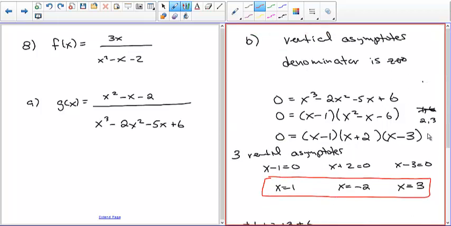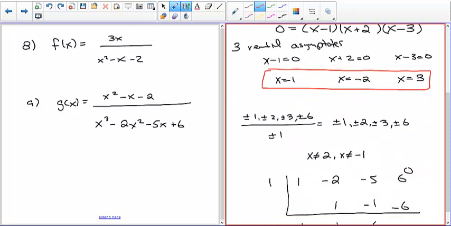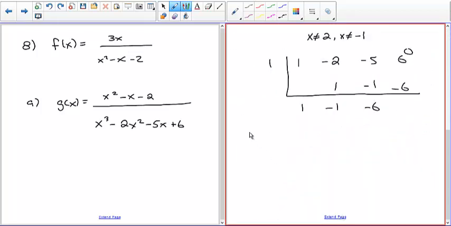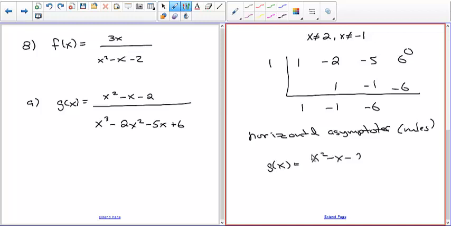And then finally, the horizontal asymptotes. So that's the rules here. So if you look at the function, x squared minus x minus 2 over x cubed minus 2x squared minus 5x plus 6, you take the two highest order terms, these two.